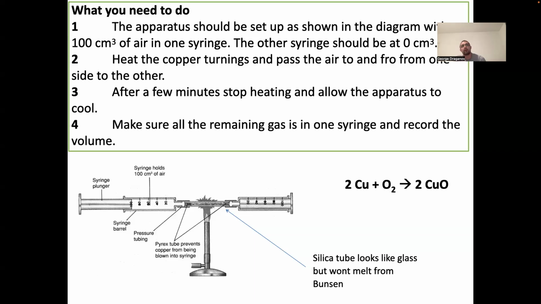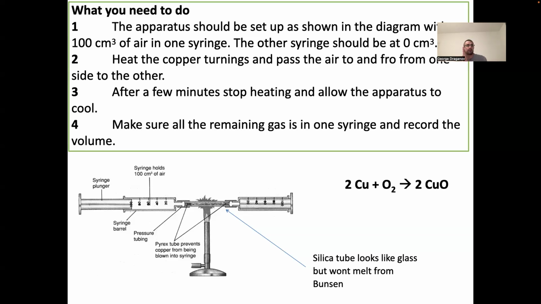But what you must remember is that gases expand when they're hot, so the particles move further apart. So once you take off the heat, you can't look at the volume of gas until it's cooled down. If you make a reading while it's hot, then the volume will appear bigger than it is.